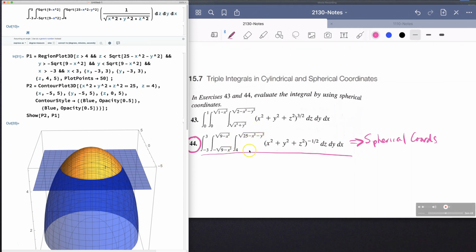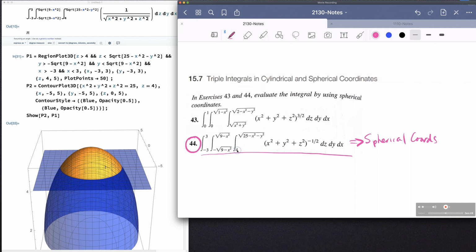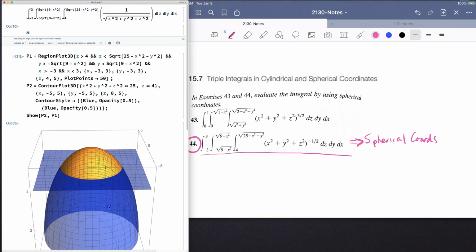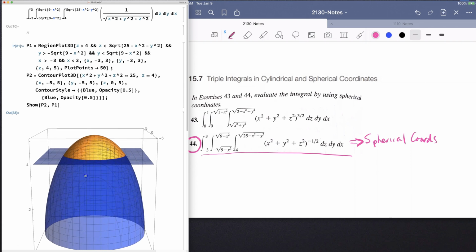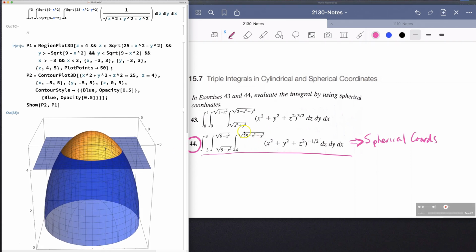You can see that we're going on the bottom in this integral from z equal to 4. That is the equation of this plane that you're seeing here, z equals 4, up to z equal to the positive square root of 25 minus x squared minus y squared, which is essentially code for x squared plus y squared plus z squared equals 25, which is the blue top half of the sphere.